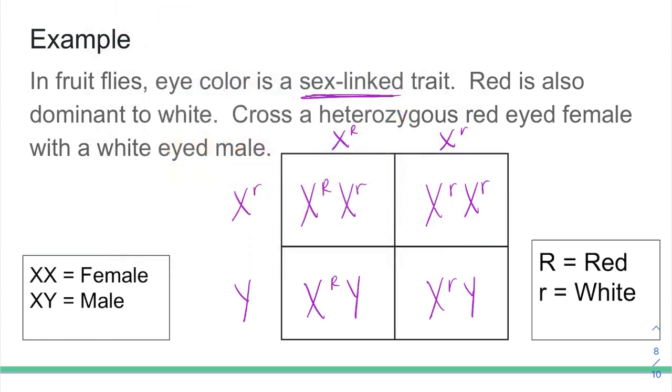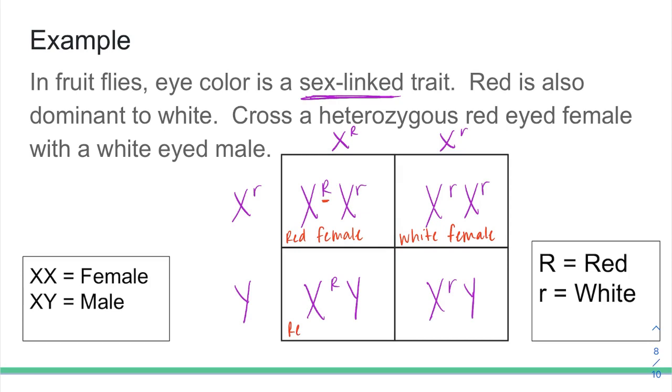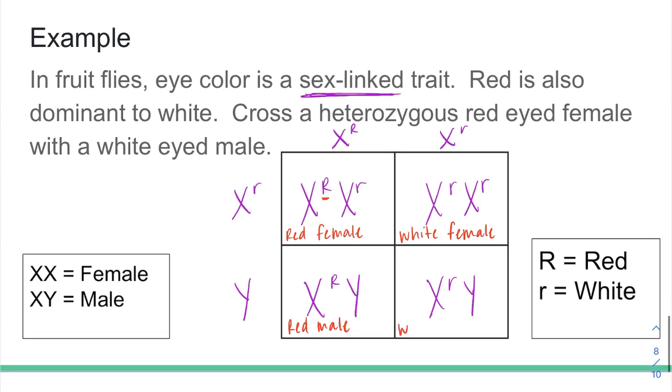So here, we can see that we have this capital R, so here we have a red female. But here we have 2 little r's, so this is going to be a white-eyed female. Here we have an XY, so it's a male, and it has a capital R, so this is going to be a red-eyed male. And here we have an XY, but it's a lowercase this time, so this is a white-eyed male. So we've got a little bit of everything in this cross.